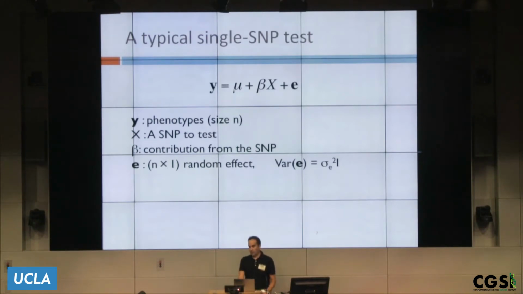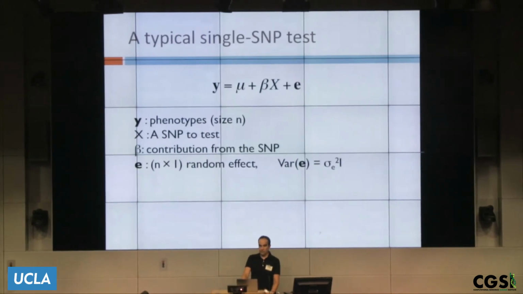Because this is a random multivariate vector, it has a variance-covariance matrix, and in this case it's just a diagonal matrix, where along the diagonal are sigma squared e, and off the diagonal is 0. The reason we do that is that one of the assumptions we make is that for each individual, the environments are independent.